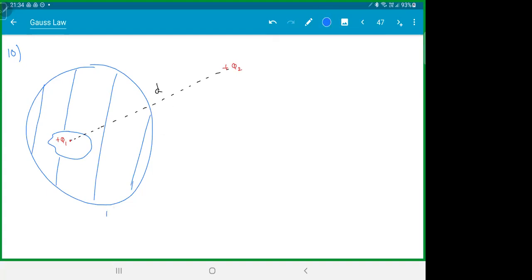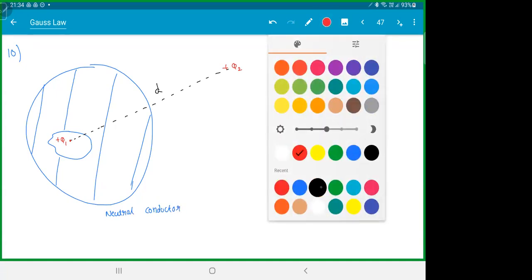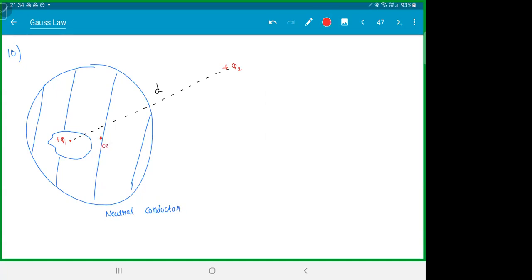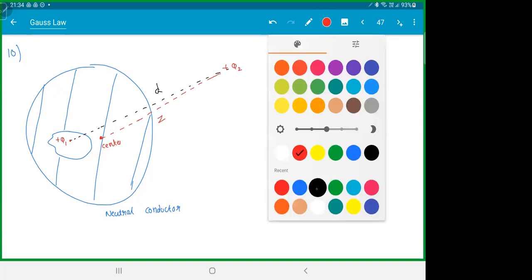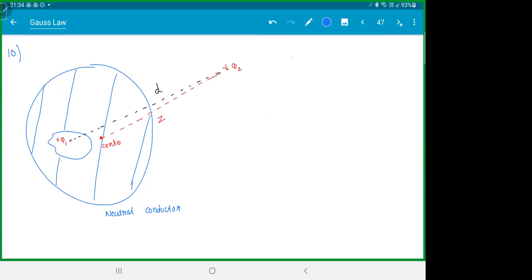This is a neutral conductor. This is the center of the conductor, and let this be Z. So distance between Q1 and Q2 is d.